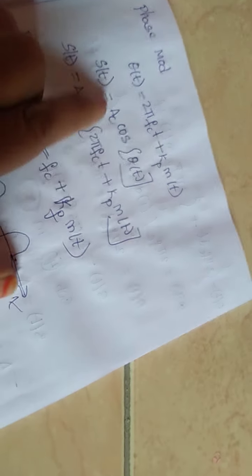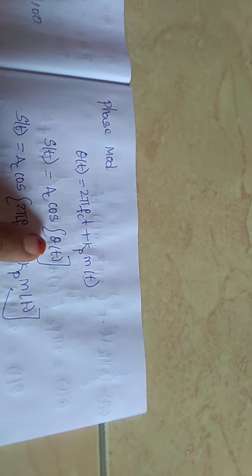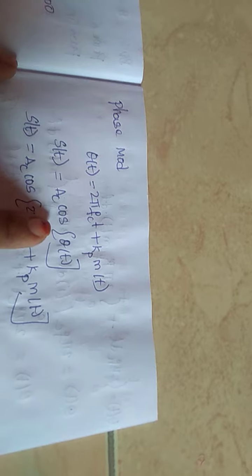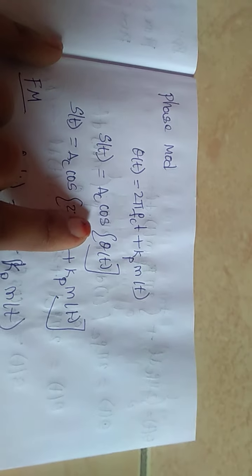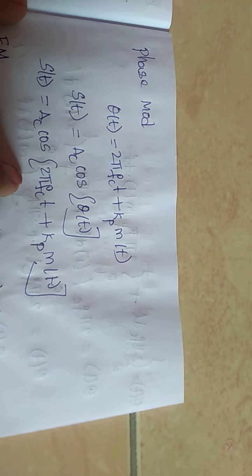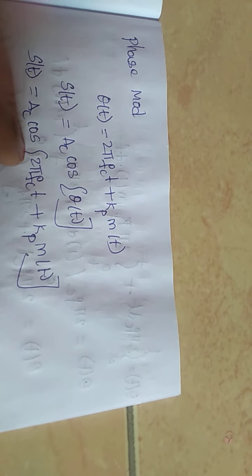Just substitute the theta value in the standard equation of s of t, and you will get s of t equal to Ac cos of 2 pi fc t plus kp m of t.